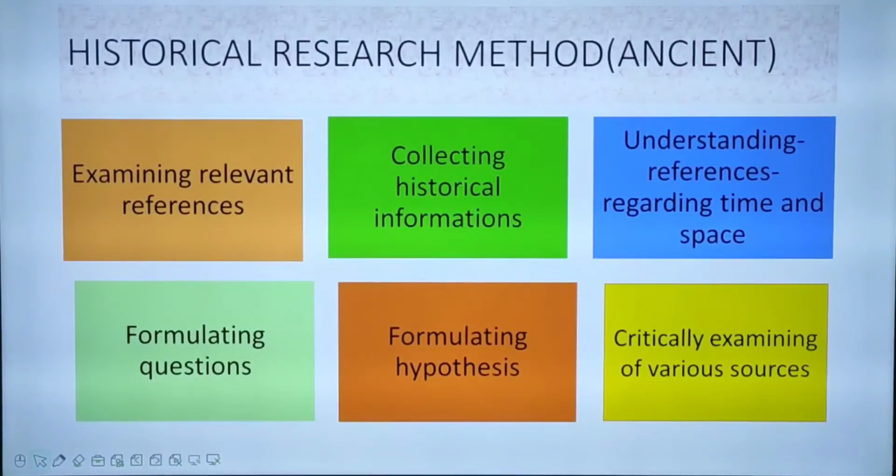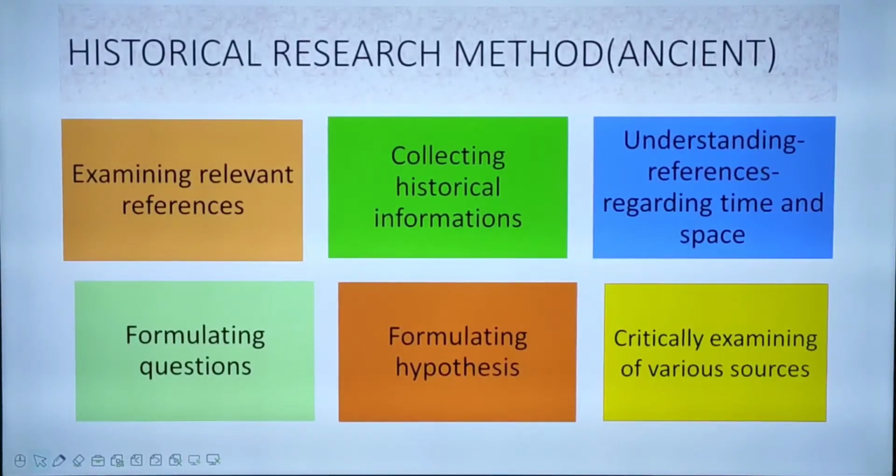Now, a person who has knowledge of history, only that person can understand the historical research. So for a common man like you and me who is not a scholar, it will be very difficult to understand the historical research methods which were used in ancient times by the people.